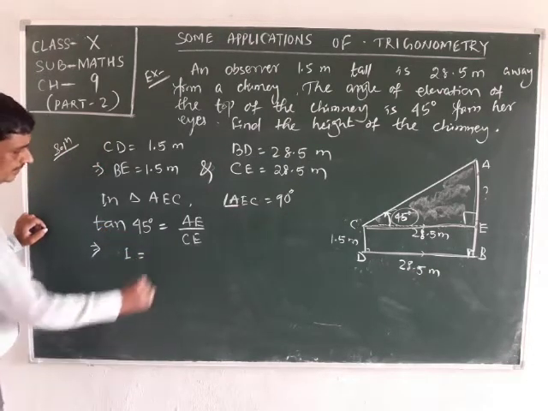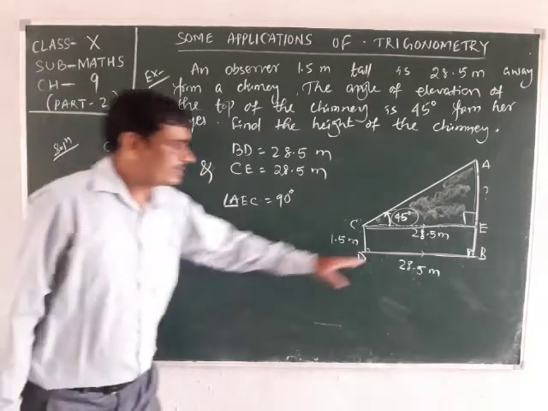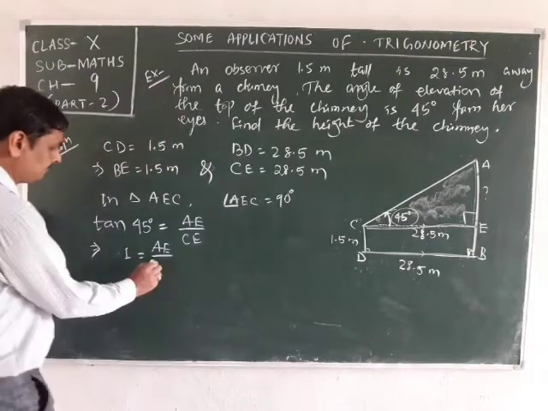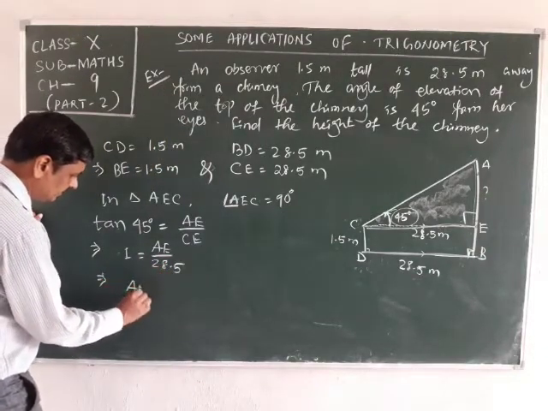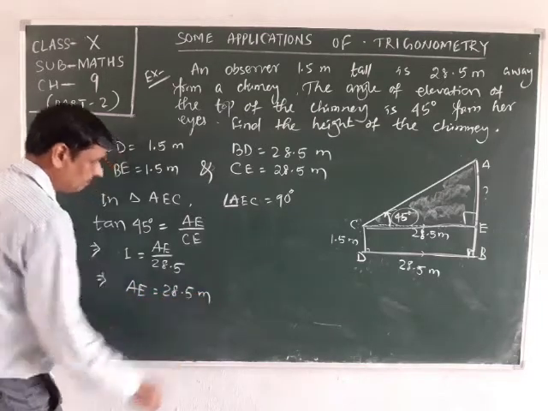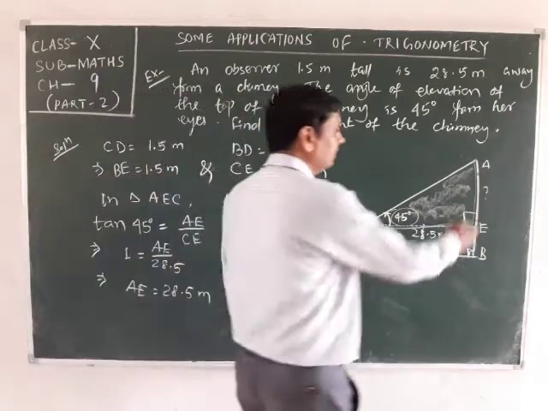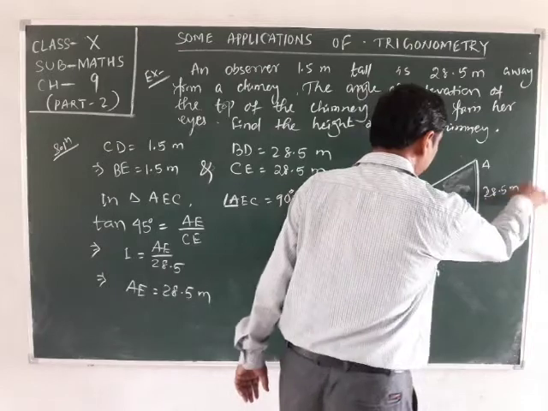This is equal to AE by CE, that is given as 28.5 meter. This implies AE is equal to 28.5 meter. Now we got the value that AE is 28.5 meter.